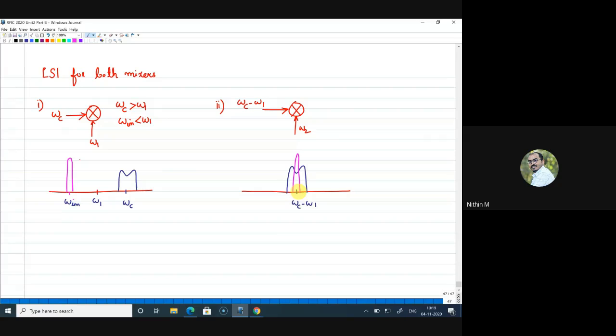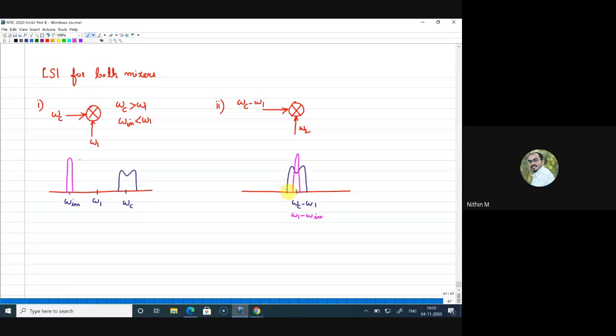So this is omega C minus omega 1, and if you look at the image frequency, I can write that as omega 1 minus omega IM. Both omega C minus omega 1 and omega 1 minus omega IM are the same, and both will be down converted into a single intermediate frequency.